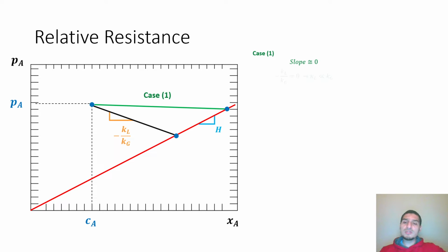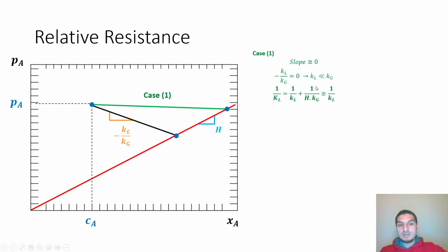And I know the slope is negative KL over KG, and in this case, if the slope is 0, it means that KL is much smaller than KG. In the case of a linear relation, the equation is going to be easier, so I'm giving this example using the linear relation. So Kg is much larger than KL, so 1 over Kg is much smaller than 1 over KL.